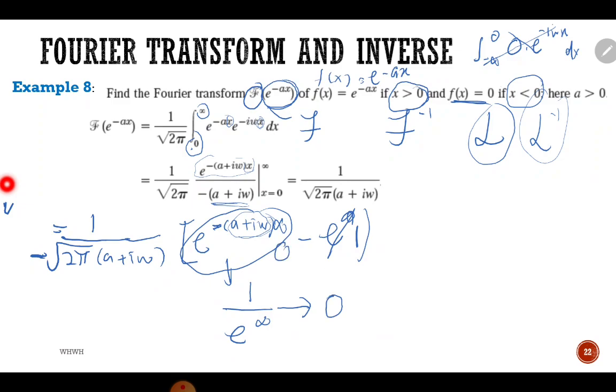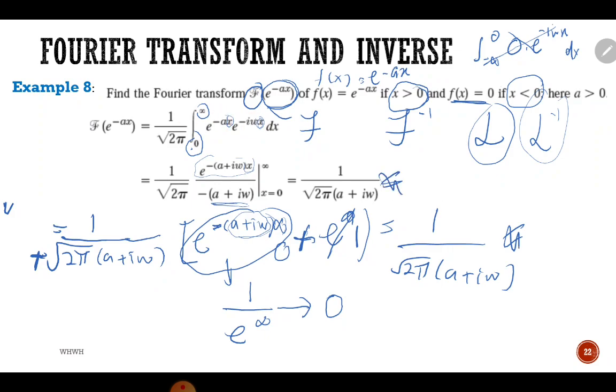So this part will be 0. So 0 minus 1, this negative cancels with this negative, so we get our answer 1 over square root 2 pi, a plus i omega, same as the answer we have here.